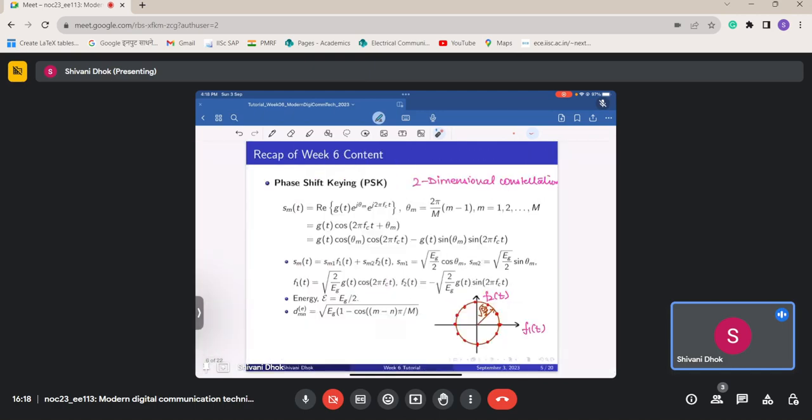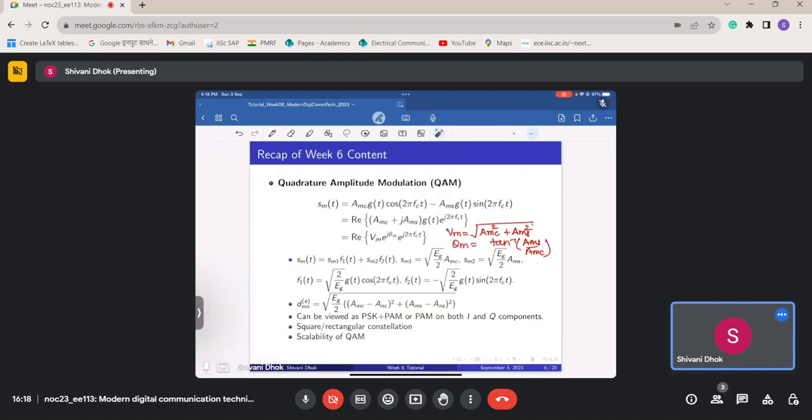This is very similar to what we have done for PSK. And again we have SM1 as this quantity here. You can clearly see it from this quantity. And SM2 as something like this. And the basis vectors are again the same for both PSK and QAM, and the minimum Euclidean distance between the m and nth constellation point is given by this formula.